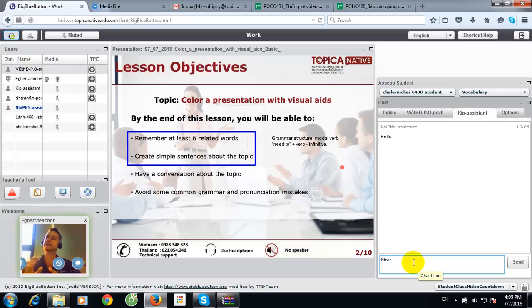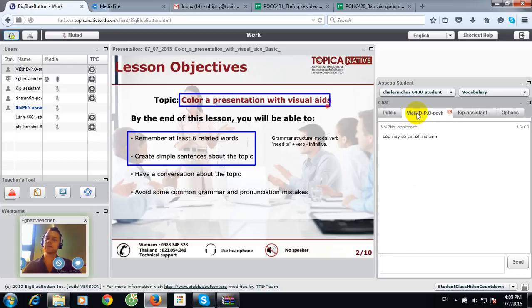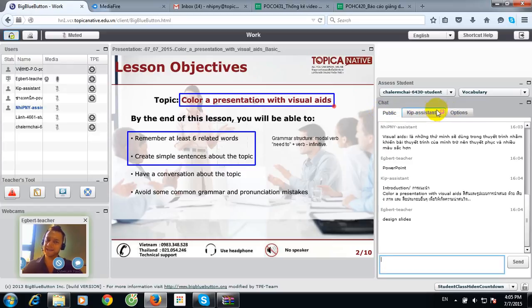I'll explain this later on. And in the end of the lesson, students, you will discuss together about how to improve a presentation with visual aids. And of course, I will help you with any grammar or pronunciation mistakes. And also, students, if you have any questions for me, and you would like me to explain something, just let me know or raise your hand, and then I will answer your question.